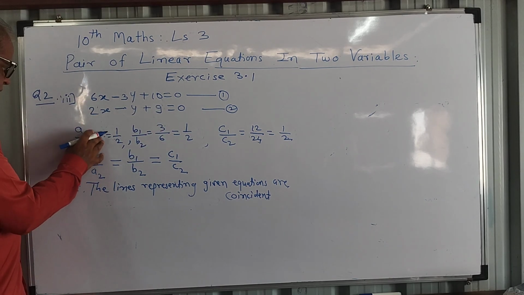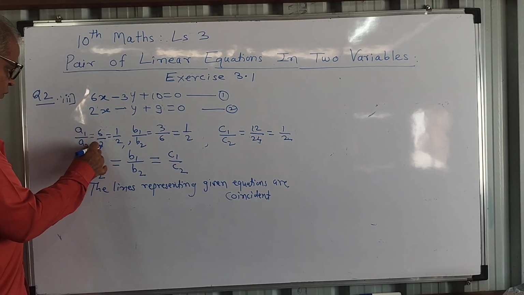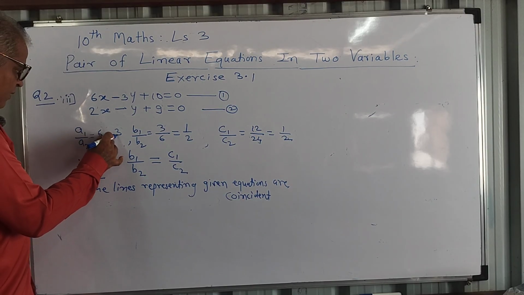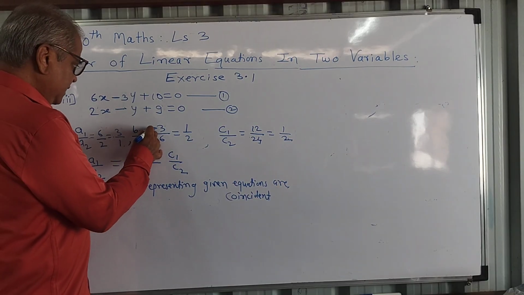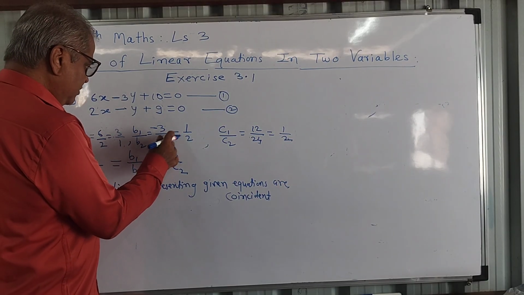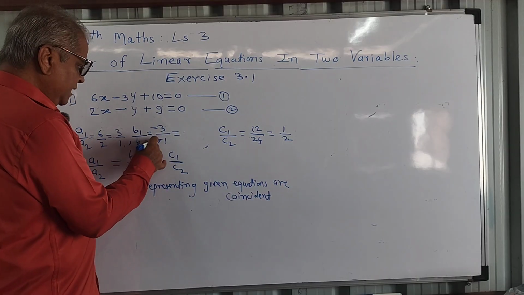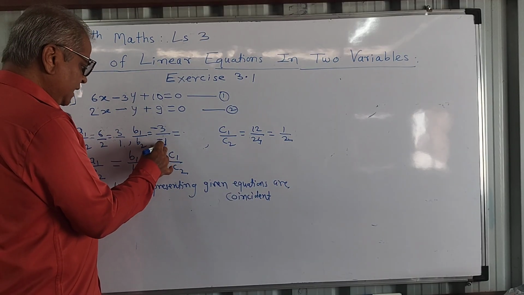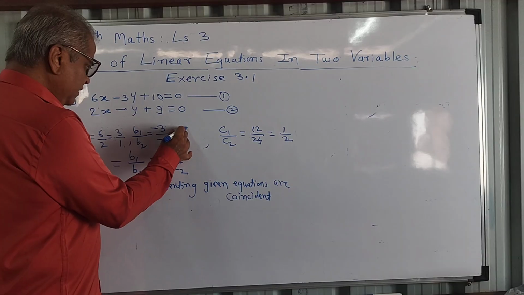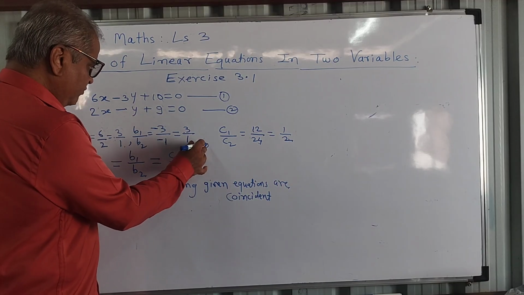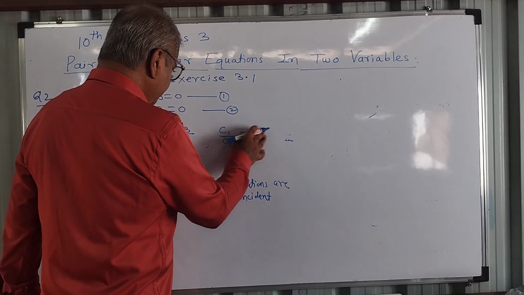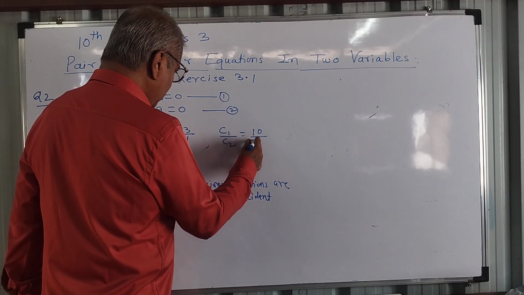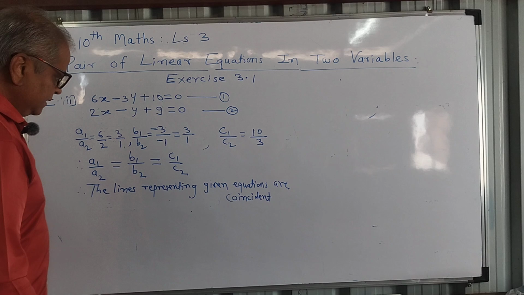A1 upon A2 is 6 upon 2, which will be 3 upon 1. B1 upon B2 is minus 3 upon minus 1, see, minus at the numerator, minus at the denominator, it will be positive 3 upon 1, and 10 upon 9 is C1 upon C2. So it cannot be reduced. Let it be like this.